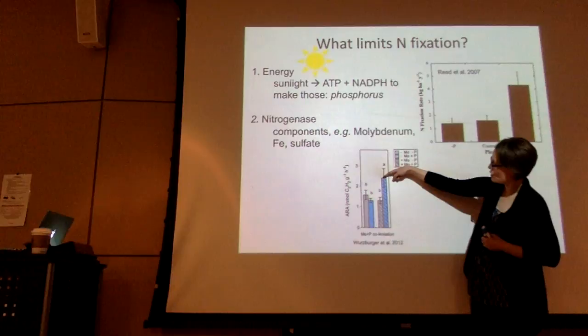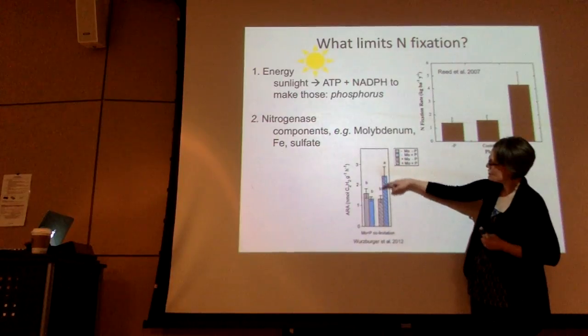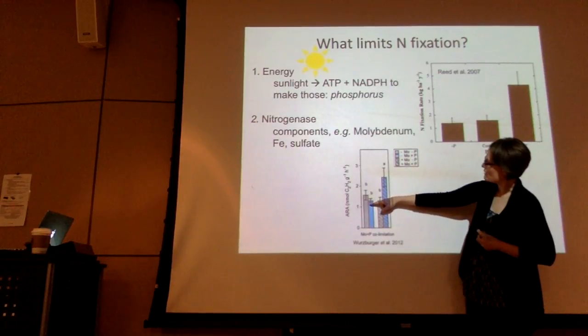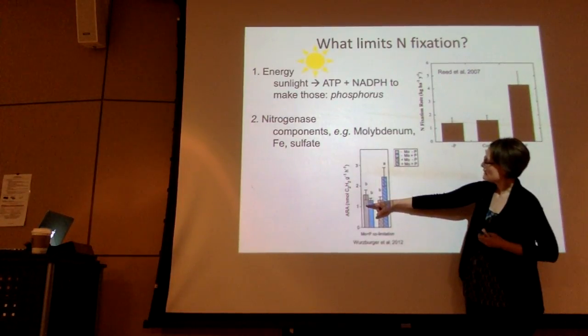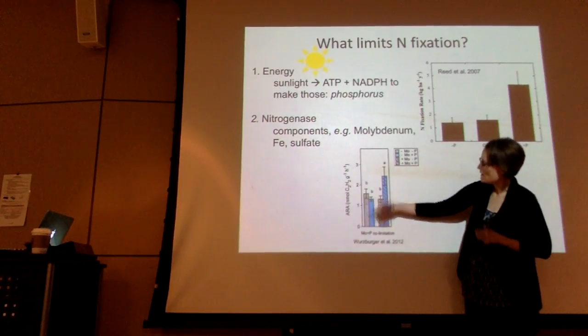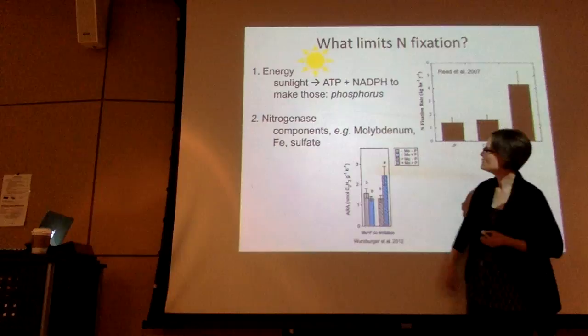You get loads and loads of nitrogen fixation, which leads to a good photosynthetic output. If you have molybdenum but no phosphorus added, you're like, meh. If you have no extra molybdenum, but you have phosphorus, eh. And then if you don't put any extra of either, eh. So you really need both.